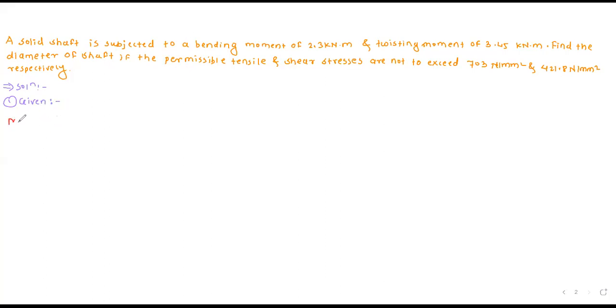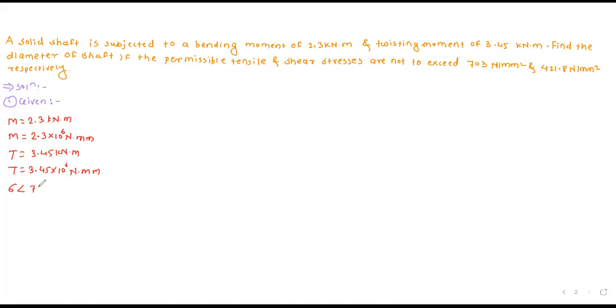Bending moment M equals 2.3 kilonewton meter. Here again conversion: 2.3 into 10 raised to 6 Newton mm. Twisting moment T equals 3.45 kilonewton meter, so T equals 3.45 into 10 raised to 6 Newton mm.